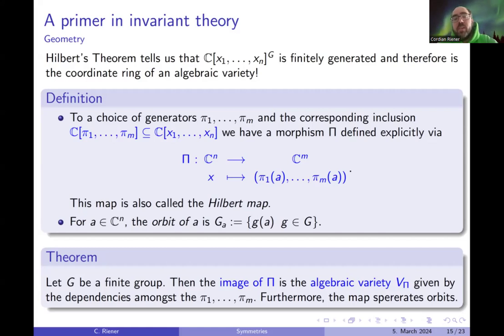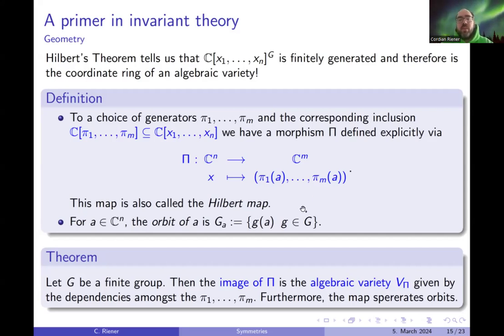Or, in a more fancy way of saying this, the invariant ring is exactly the coordinate ring of an algebraic variety, and this variety is exactly the one given by the algebraic relations that my chosen pi_1 to pi_m are subject to.